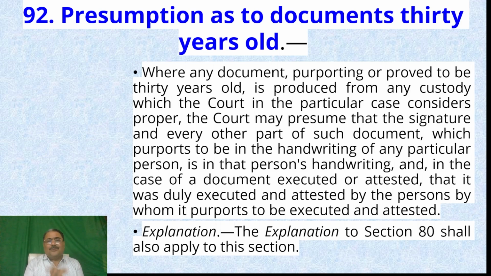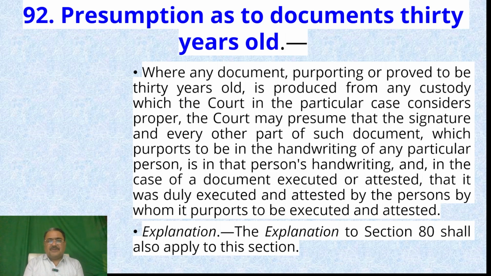Now, the evidence law requires that if some document is required by law to be attested, then to prove that document you require at least one attesting witness to come to the court. Now, some document is 50 years old, 60 years old, 80 years old, 100 years old. The attesting witness might not be alive. It is difficult to bring them.